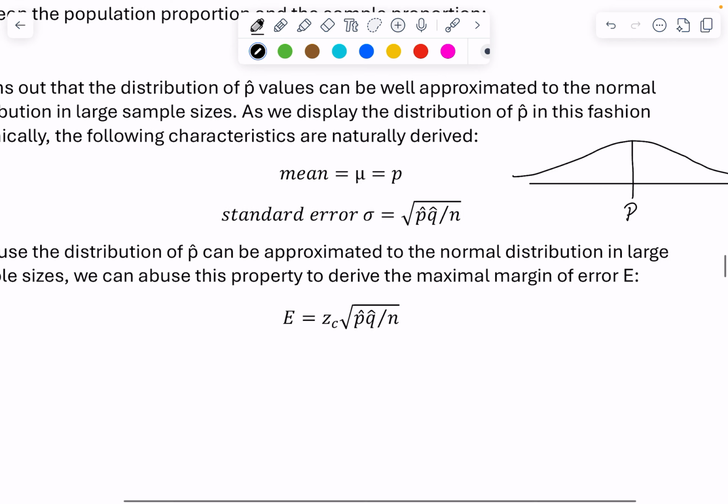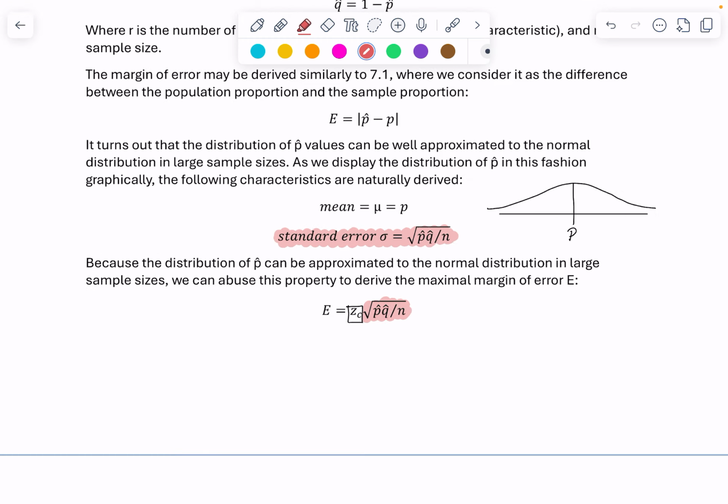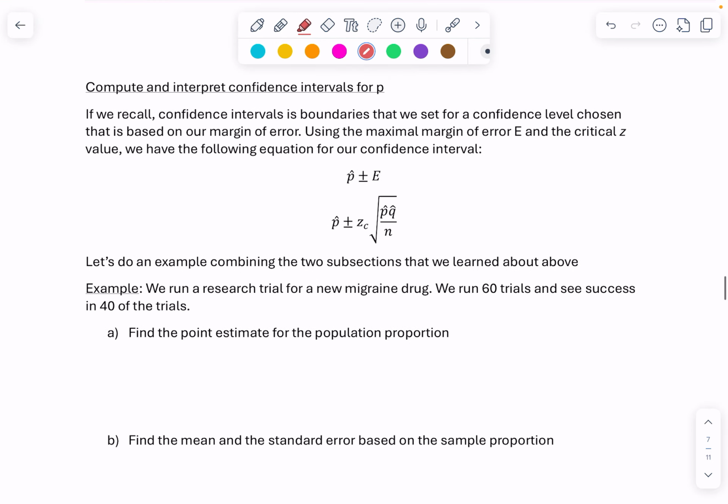So that's exactly what we have here. Our critical value multiplied by our standard error, which is what we found in this equation above, okay? And here, I did not bother with the details of the derivation. It's going to look similar to the derivation that is outlined in 7.1, okay?